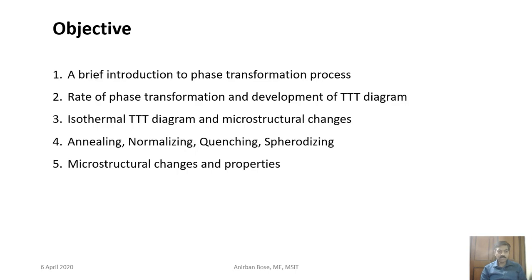And we'll see some of the very important heat treatment processes like annealing, normalizing, quenching, spheroidizing, and we'll also see the microstructural changes because of these different heat treatment processes. And obviously microstructure dictates the material properties, so at the end we'll see how the material properties are changing because of this.